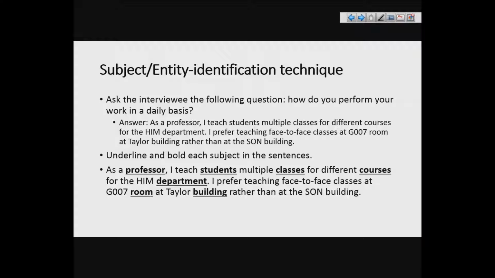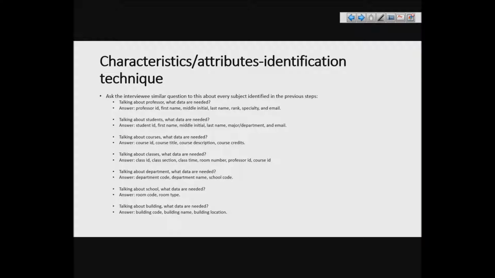And then when we looked at those several entities, we decided that we need to know more about each entity. We needed to understand the characteristics, the attributes of each, which will become the fields for each of those entities or tables. And this is what we did. We asked another question.